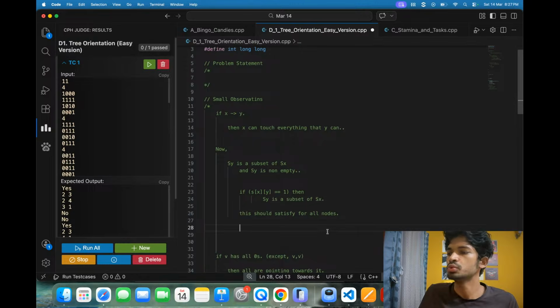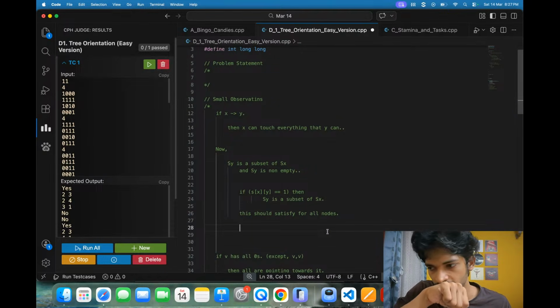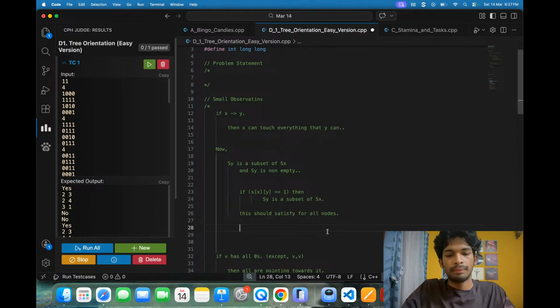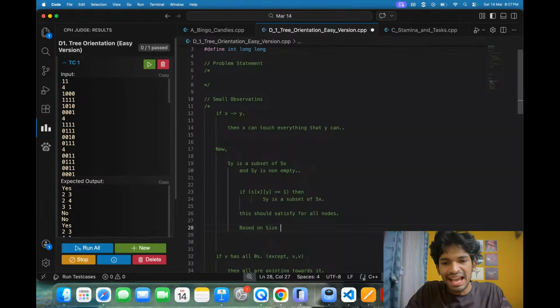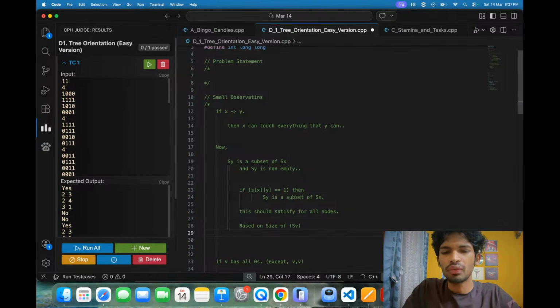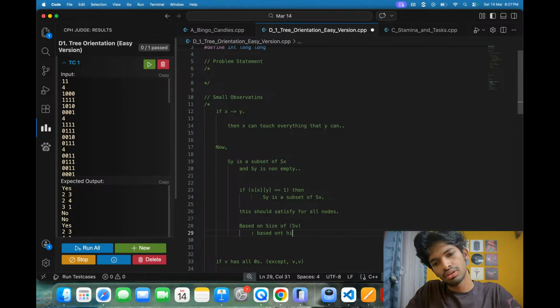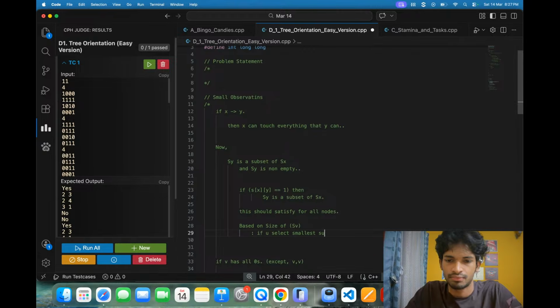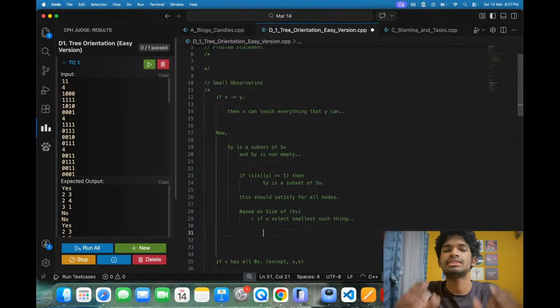Also, let's try to give an ordering to this directed graph based on the size of Sv. Based on this, if you select the smallest such thing, there is a v where nothing is coming in.